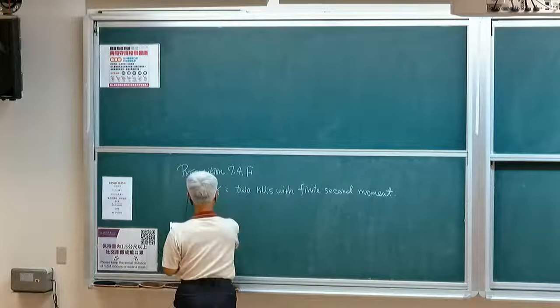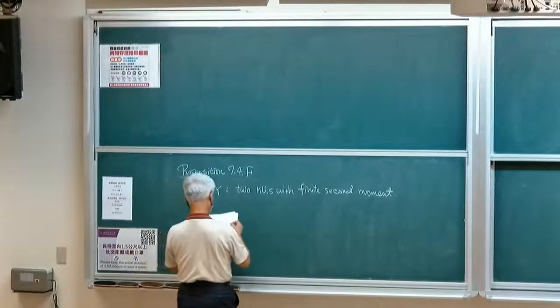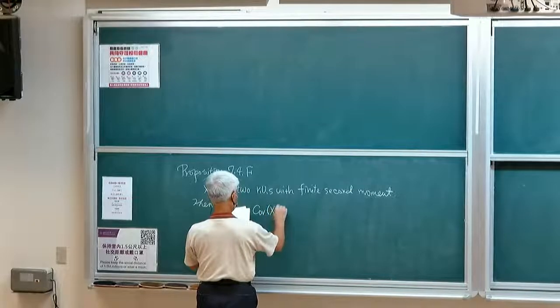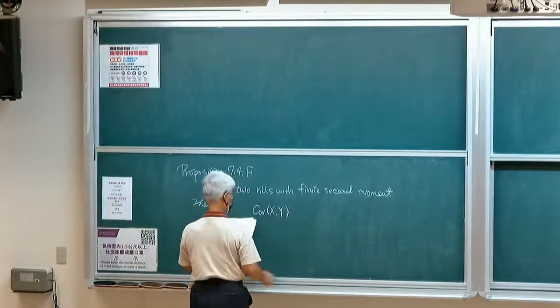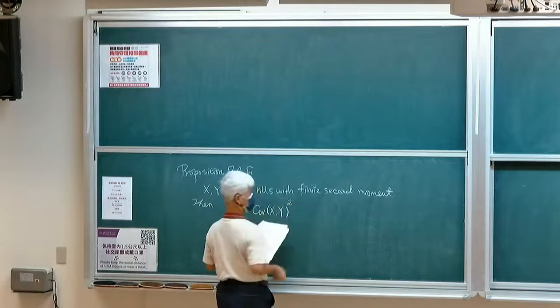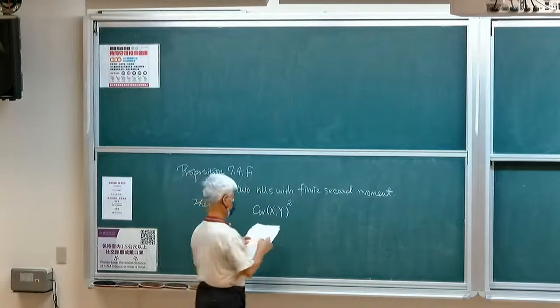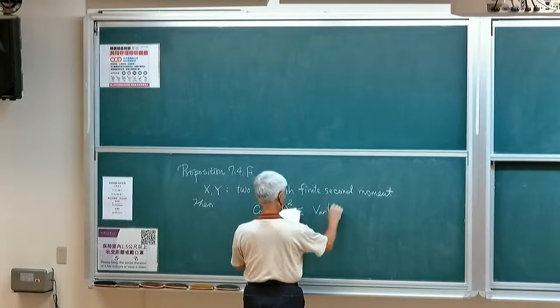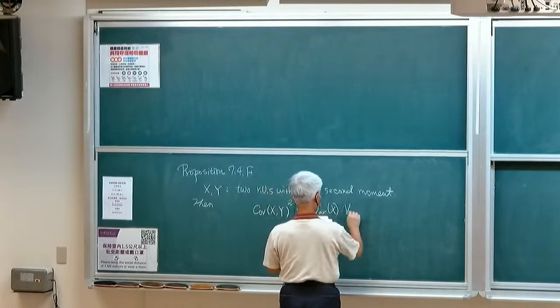Then the covariance of X and Y, squared, is less than or equal to the variance of X times the variance of Y.